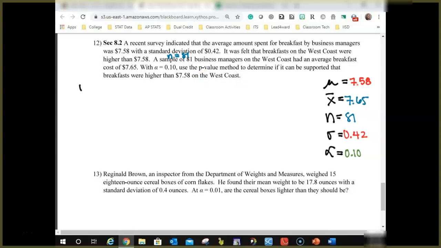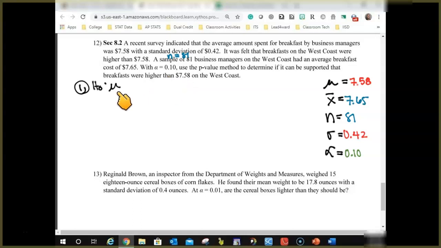So first step is the same as before. What is the null and the alternative hypothesis? In this case, we're stating that the average cost of breakfast for the sample business managers is essentially no different than the average cost of business managers in general.